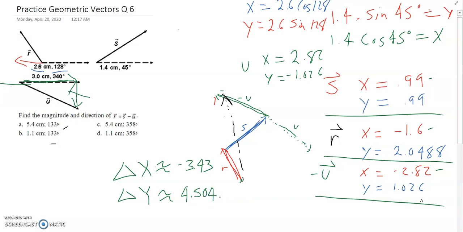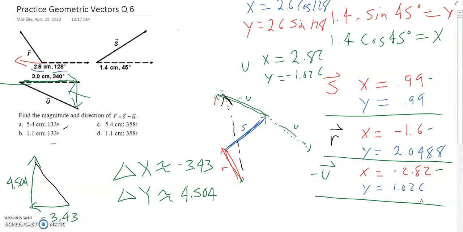So if you draw an x value of negative 3.43 and a positive y value of 4.504, we can figure out what the resultant vector is going to be.